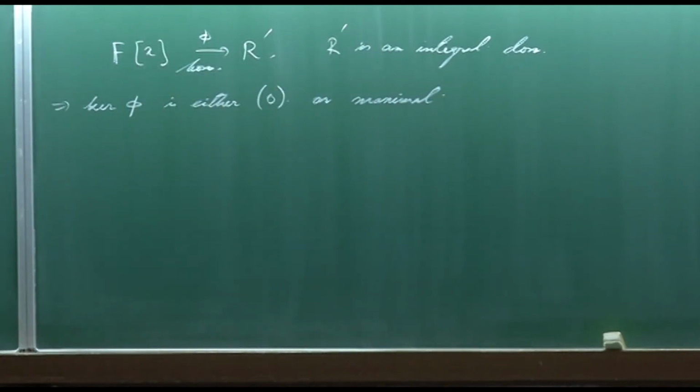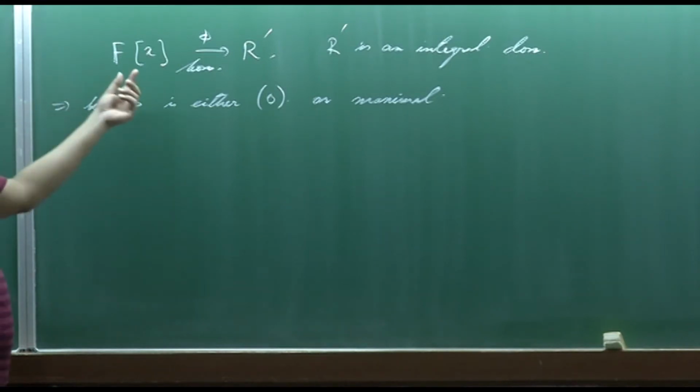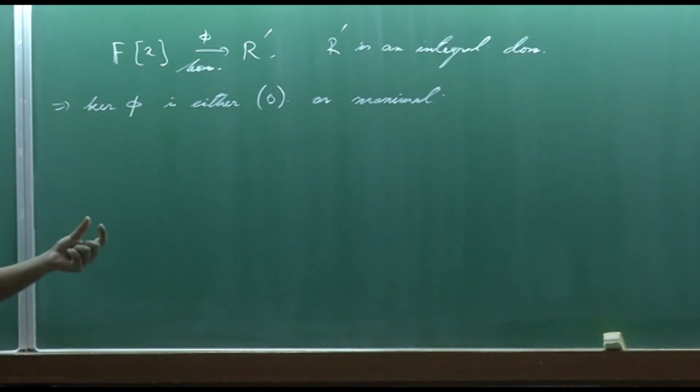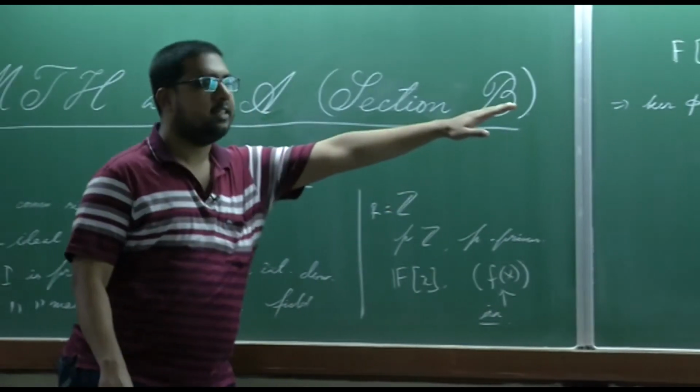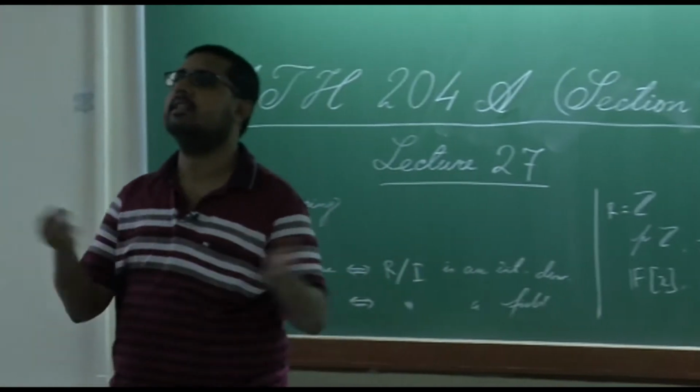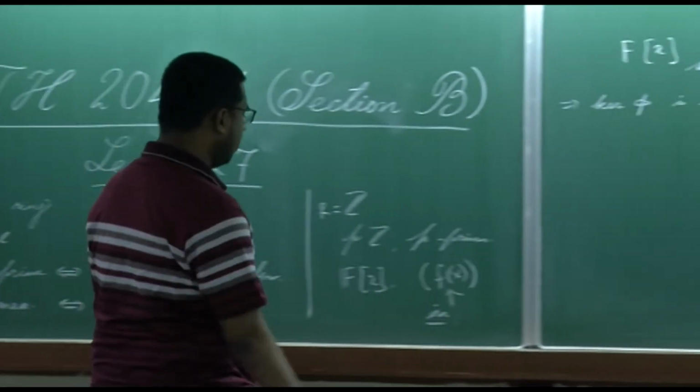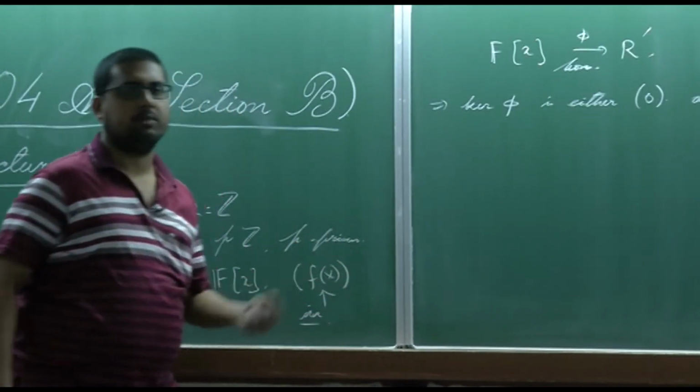Why? Because F[x] modulo kernel phi will be a subring of an integral domain, so it will again be an integral domain. Therefore, the kernel is going to be a prime ideal, and inside F[x] we have already seen that prime ideals and maximal ideals are the same, namely the ideals generated by irreducible polynomials.